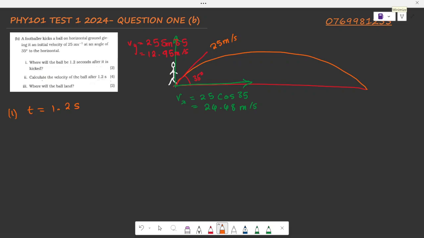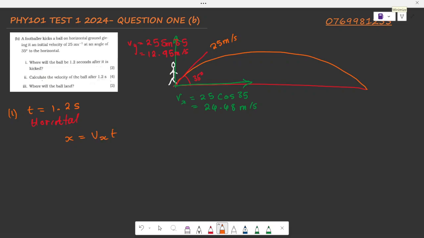We know that the displacement in the x is what we call the horizontal displacement, and by the formula, x is equal to Vx t.